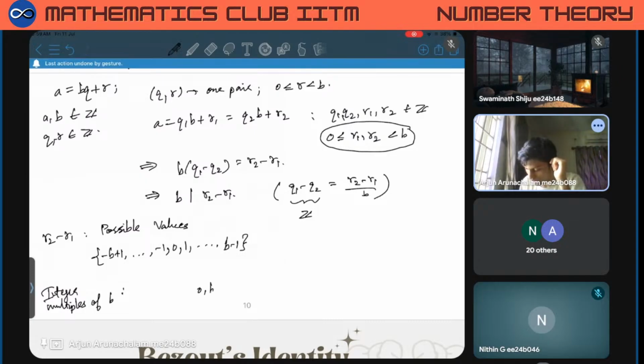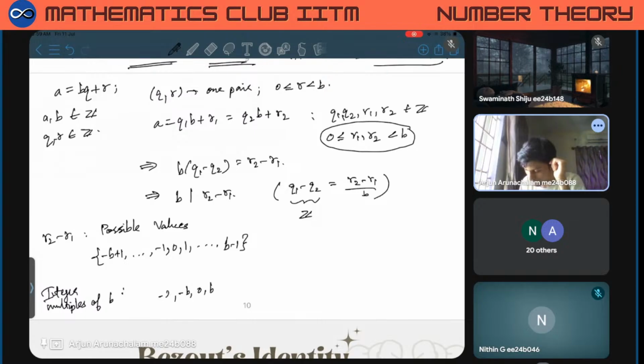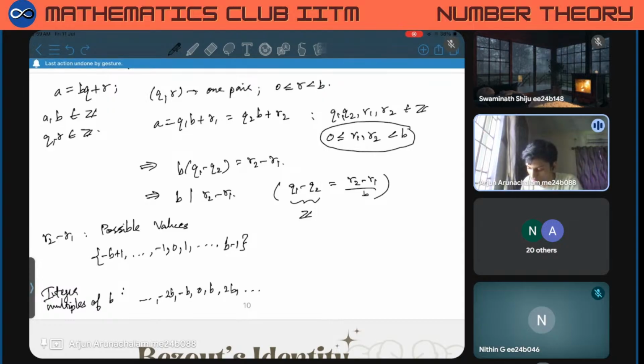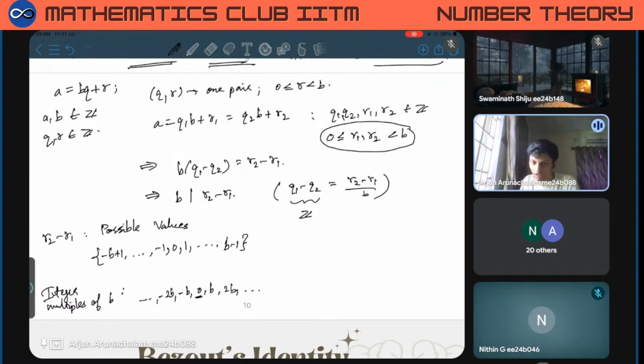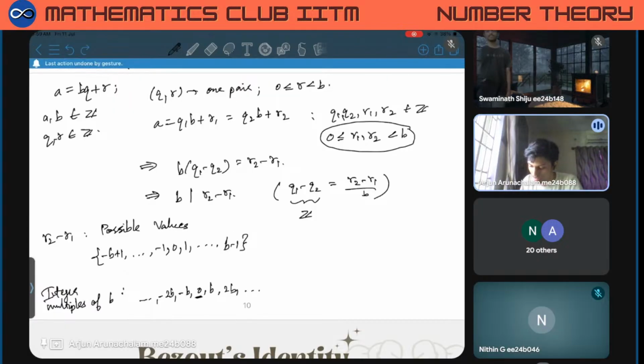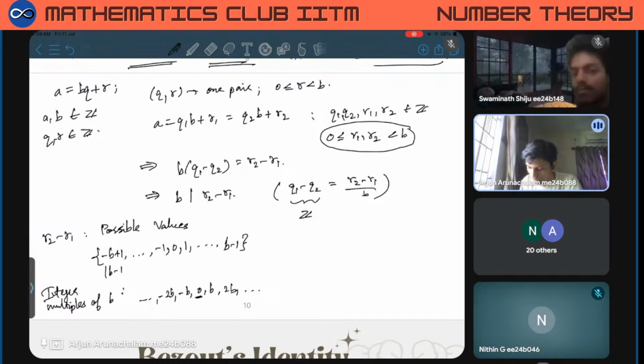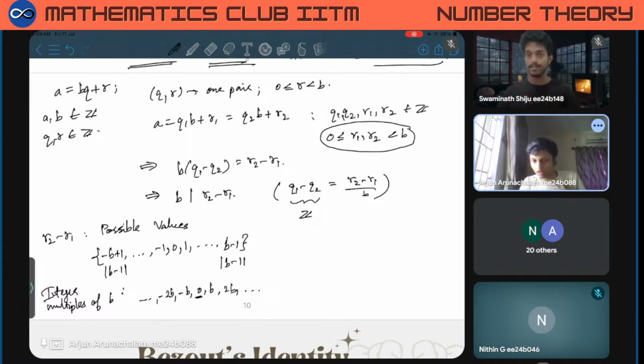You have 0, you have b, you have minus b, minus 2b, and so on, 2b, and so on, right? You can notice that the absolute value of all of these, except for 0, is greater than or equal to b itself, right? And the maximum possible absolute value achievable in this set is b minus 1, at these two extremes. So it's clear that none of the elements other than 0 are divisible by b here, right?